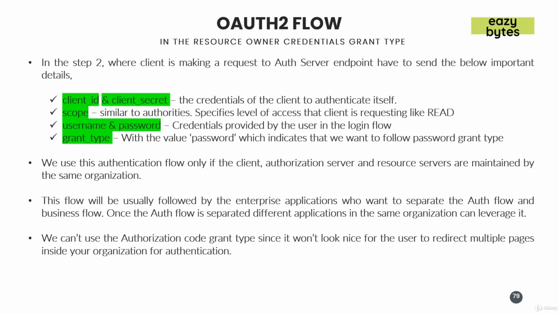They isolate all their authentication and authorization logic into a separate server called the auth server, and all these applications that the organization is maintaining make a request to the auth server to generate a token, but they don't redirect, and all this happens only in the backend. One of the primary reasons why we use this grant type is to give a better experience to the user by avoiding multiple redirects, since all these applications belong to the same organization.